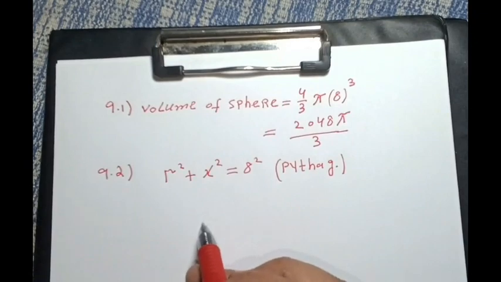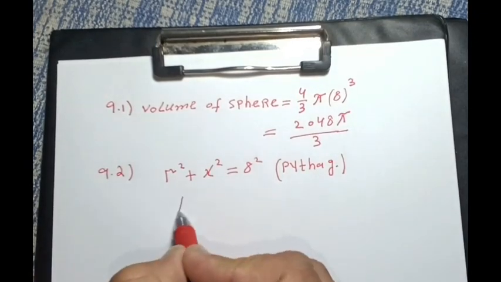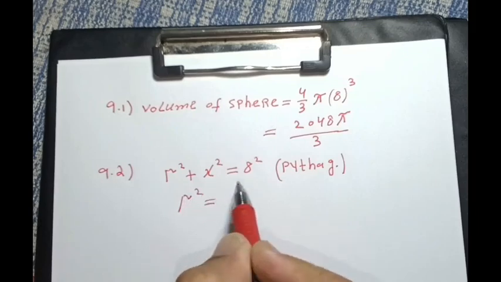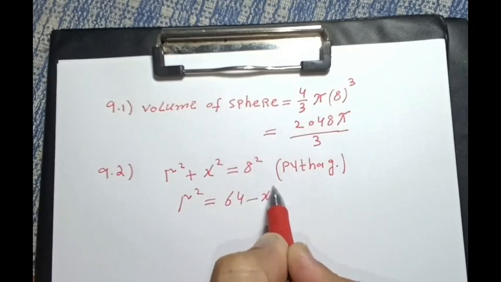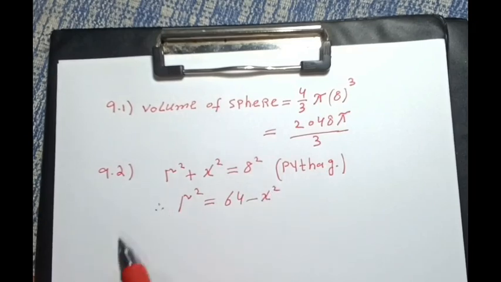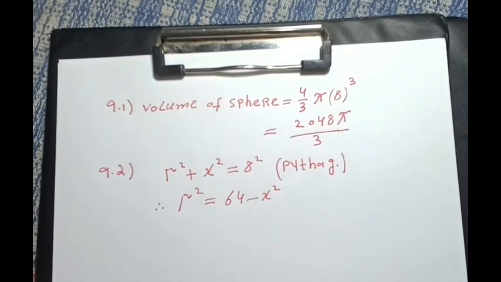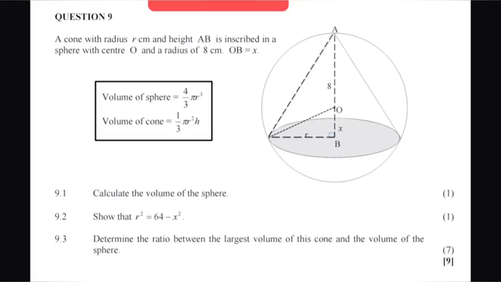And now we need to isolate the r square. It's going to be 64, x square becomes minus, 64 minus x square. So we proved it. Last question says, determine the ratio between the largest volume of this cone and the volume of the sphere. I'll show you how.